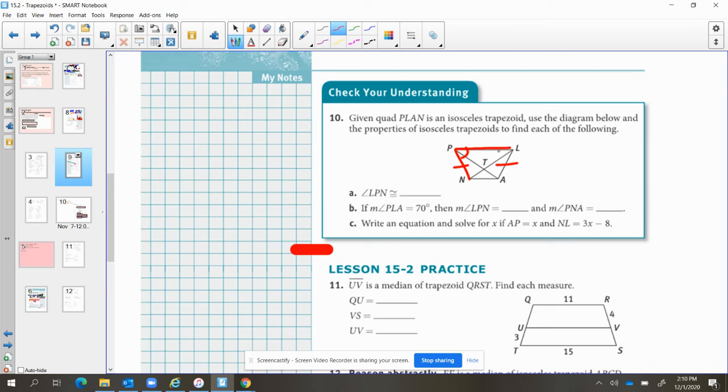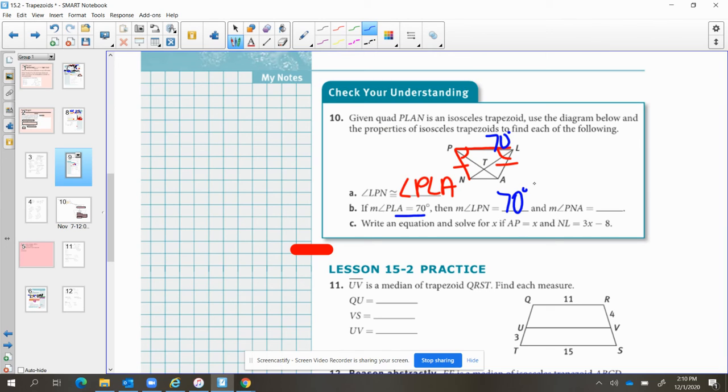Well, we know it's congruent to the other base angle, angle L, or in this case, we would call it PLA, to better name it since there's a couple different angles at angle L. And what we know about that is if that angle is 70 degrees, like they're telling us in part B, then we know that LPN also has to be 70 degrees because they're congruent to each other.